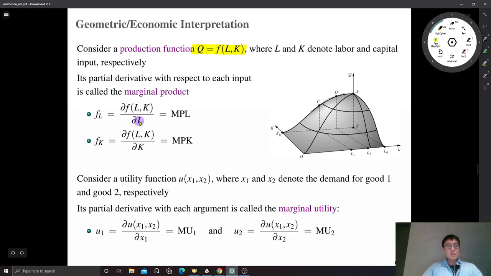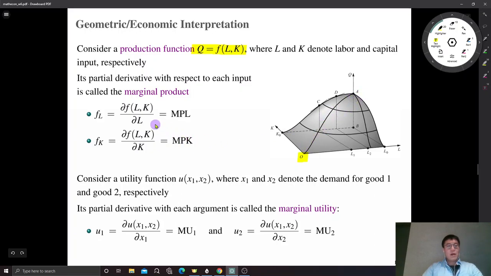Okay? So specifically, if we graph this function, it will be some three-dimensional shape like this. Here we have an origin, and then we increase capital or increase the number of people. Intuitively, if you hire more and more people, or if you employ more and more capital, the quantity you produce will increase like this.